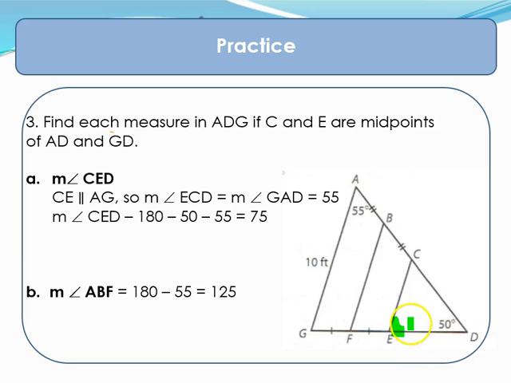And we know that we have this angle right here, which is GAD, and it's going to be congruent to ECD. Why do I know that? Well, we have transversals here, and we have parallel lines. So ECD and GAD are congruent, and they both equal 55 degrees.